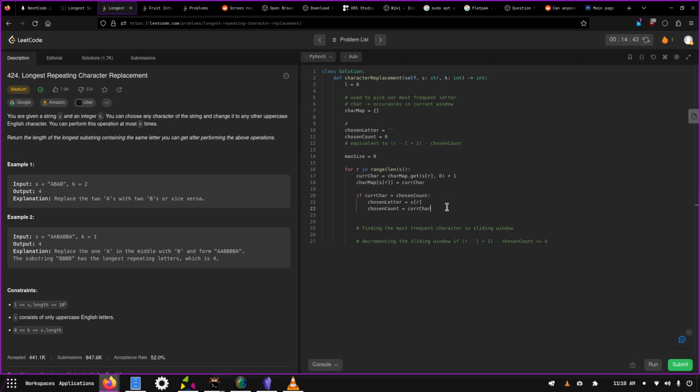So having a plus 1 everywhere, I just add it over here. So while, so actually, if, no, while r minus l plus 1 minus chosen count, this is k.